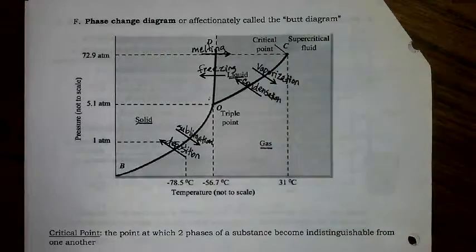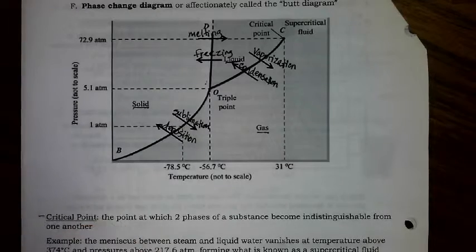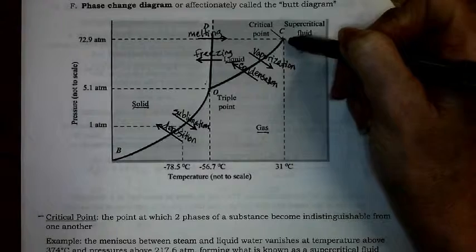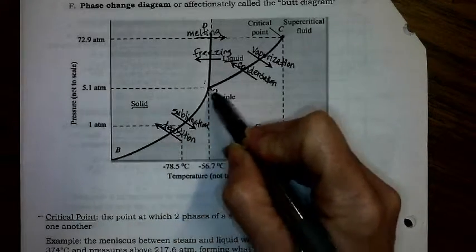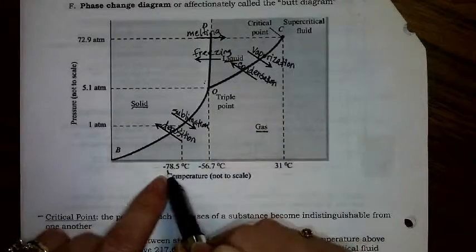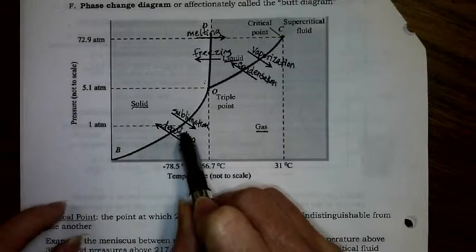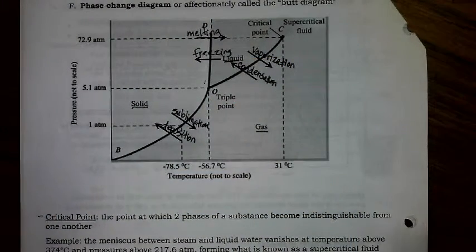Now there are 2 other points on the graph that I need to make sure I talk about. The first is called the critical point, right up here at the top, labeled with a C. But let me go back a bit. If you're anywhere on the line, say at a temperature of minus 78.5 and 1 atmosphere, you would be right here on the line of the phase diagram.